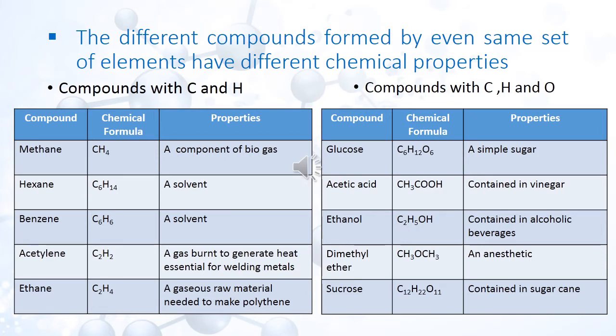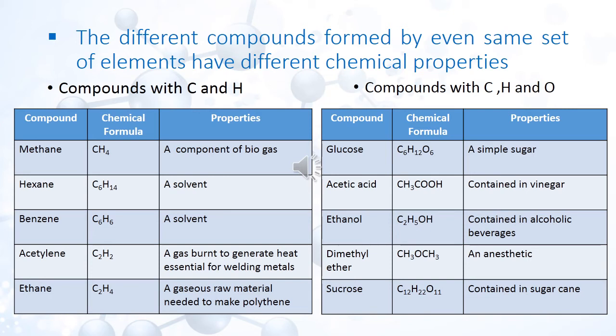Okay, we know different elements have different properties, but the elements with different properties together form a compound. Now what are their properties? How can we understand this matter?